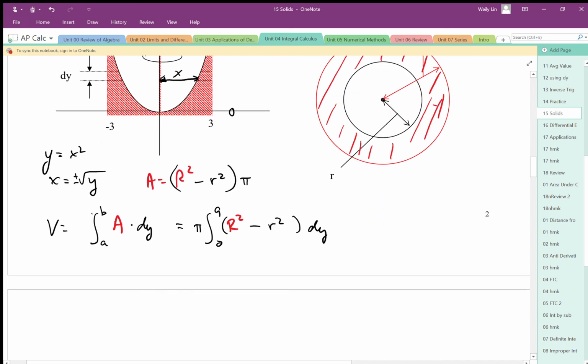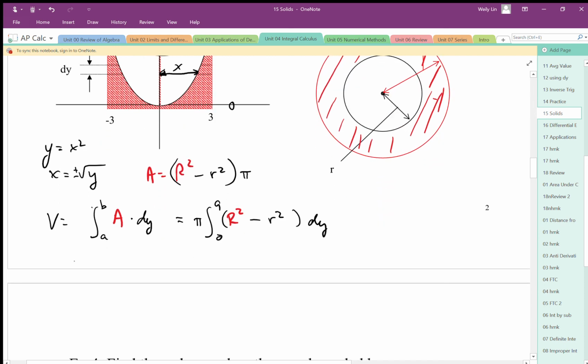I'm going to convert those expressions into the radius squared. The outside radius is 3, so that becomes 3 squared minus the r squared. Well, this is going to be my r. It's going to be square root y squared times dy.